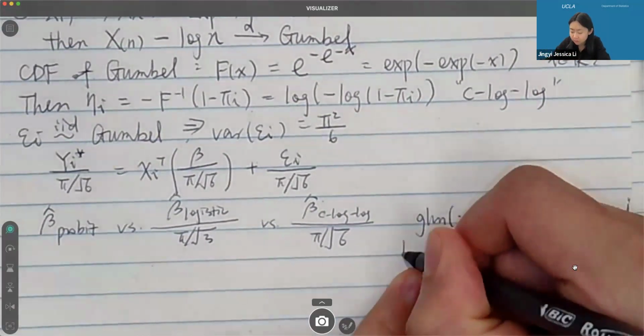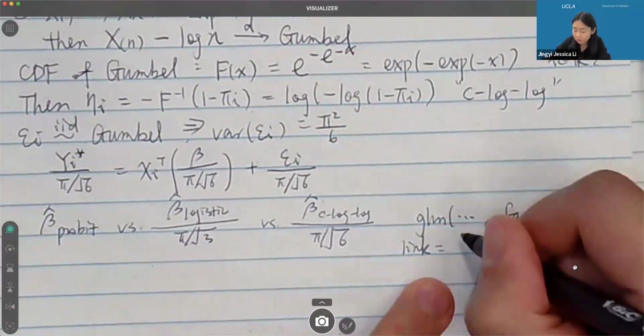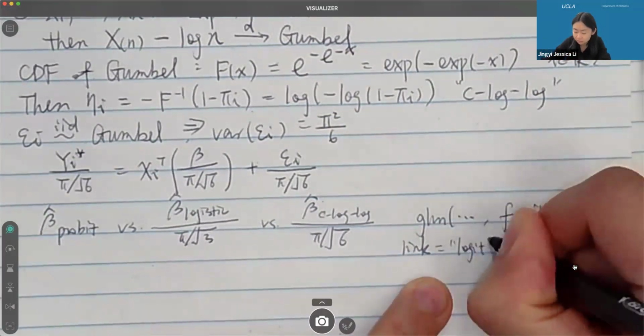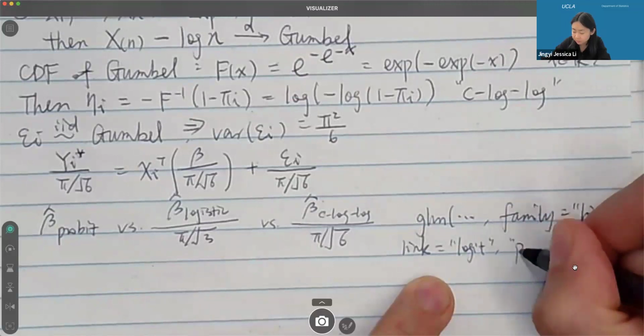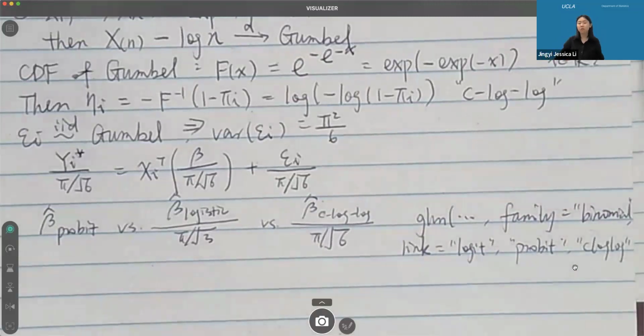Another argument you need to specify is the link. Some options include logit, probit, and cloglog, which is what we covered here. It's about how to specify the link function. But nowadays, the default is just to use logit because logistic regression has the canonical link function.